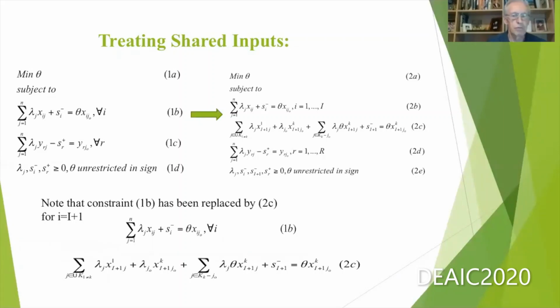Note that what we've done in going from Model 1 to Model 2 is we've changed one constraint. Constraint 1b has been changed to 2c. So notice here that on the left-hand side, instead of just having lambda x_{i+1,j}, we instead have lambda times theta x_{i+1,j}.